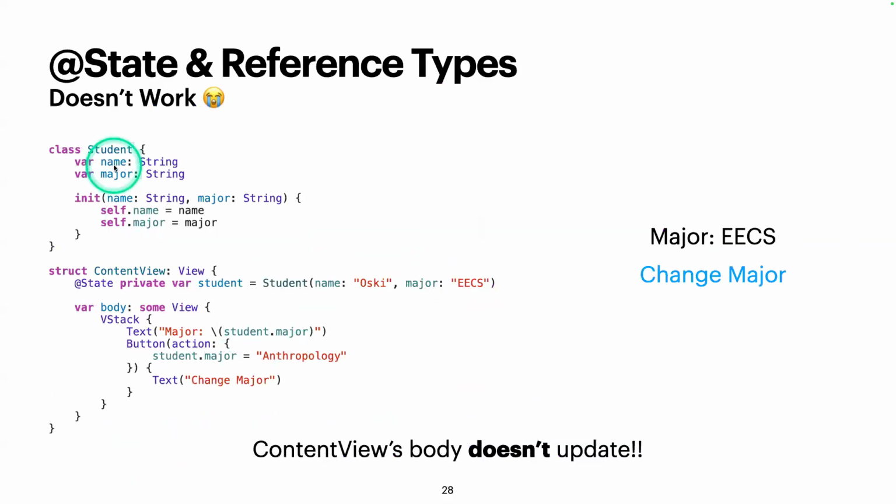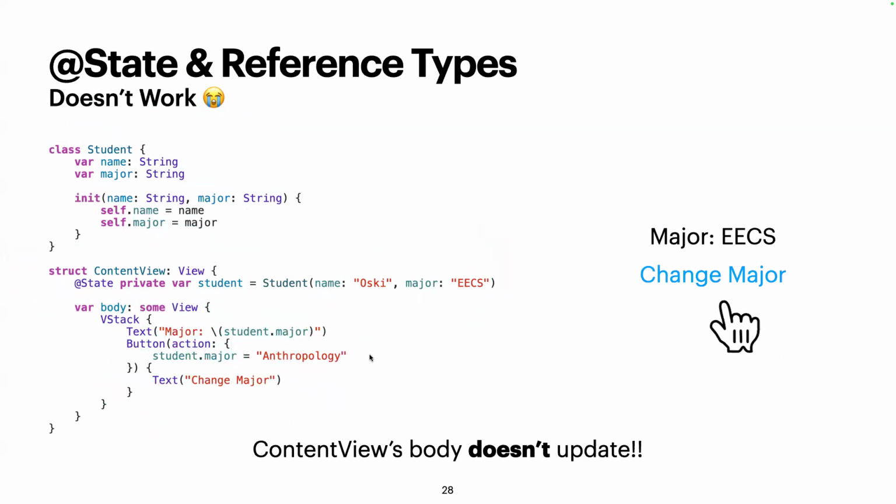So if we instead use a class to declare a student, for example, and we create a @State variable called student, and we initialize it to some student instance right here. And then here in our button, we want to change the student major to, for example, anthropology.